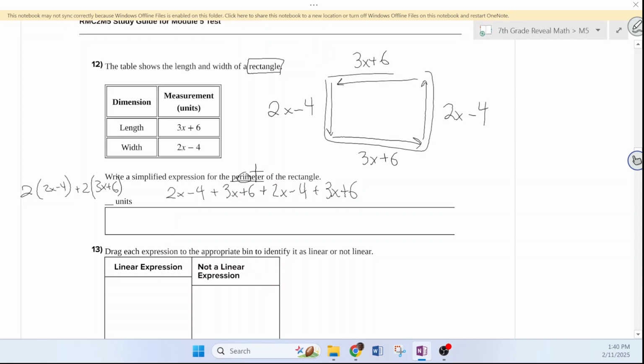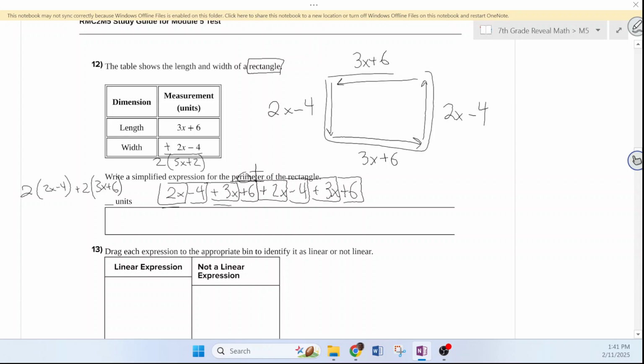You could think of it like that. You could also add these up to start. 5x plus 2, and then double that because you need 2 sets of them. They're all going to get you the same answer. I think a lot of you will prefer this way because it just is a little bit simpler, more simple.